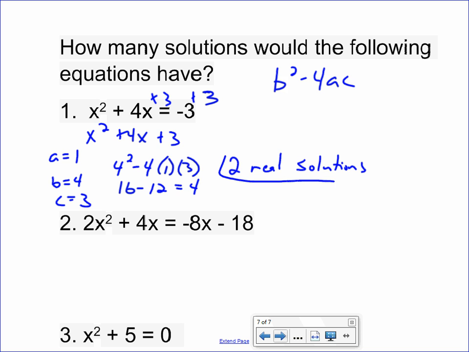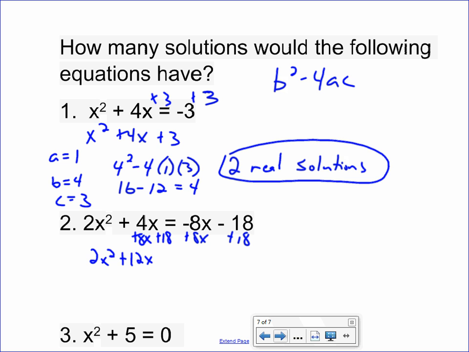Okay? If I looked at this second one, I'd have to add the 8x and add the 18. And I'd have 2x squared plus 12x plus 18. So a is equal to 2, b is equal to 12, c is equal to 18.